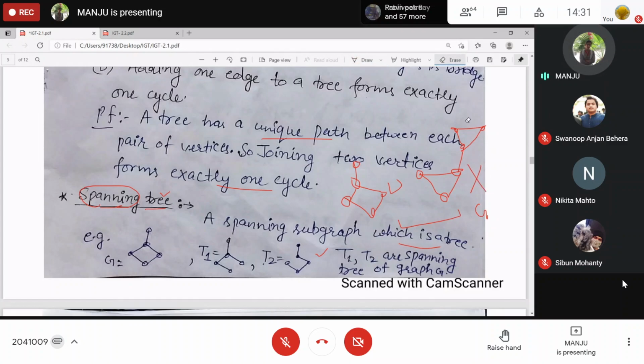So every connected graph, whether it is already a tree or not, what is the spanning tree for P5 or Pn? Itself only. Okay. So every connected graph contains a spanning tree.